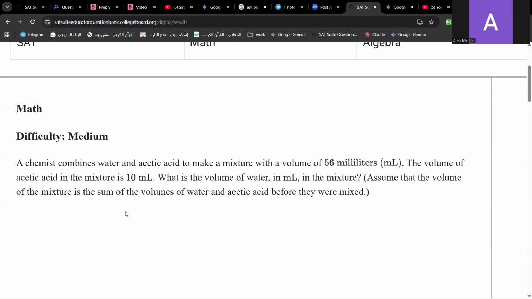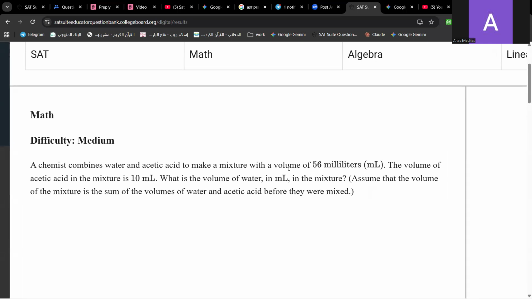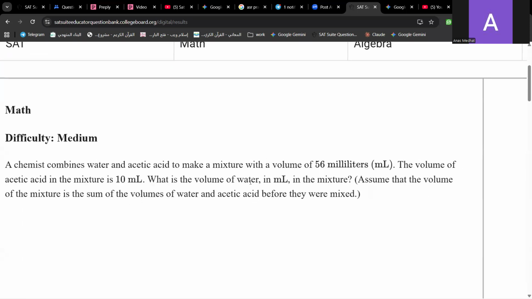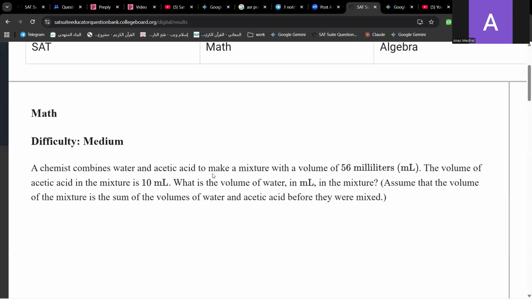What's the volume of water in milliliters in the mixture?